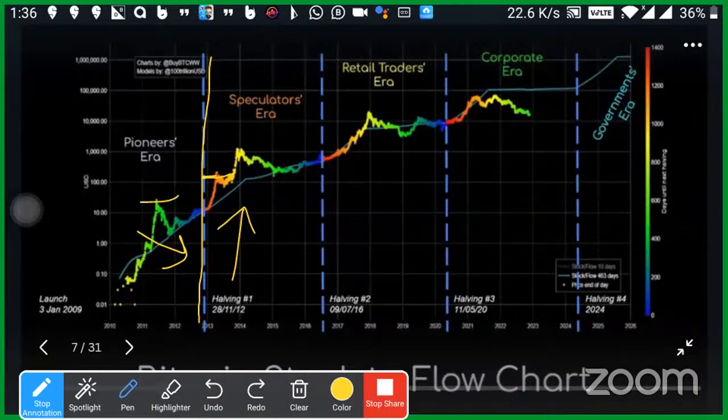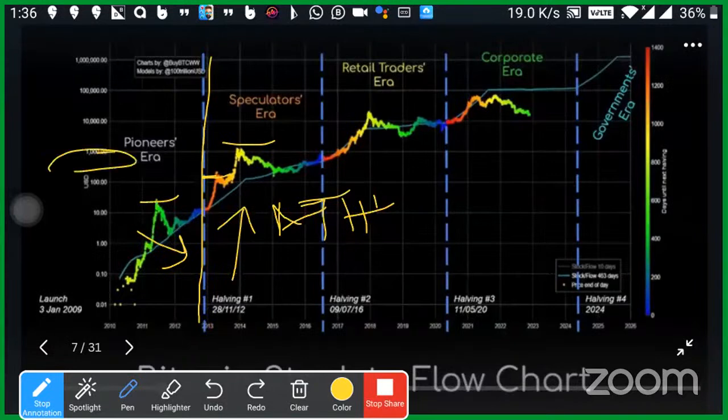Then the prices went down a little. Then again they touched a new all-time high, much higher than the previous one. If you see here, this is the 1,000 mark, and it was above 1,000.